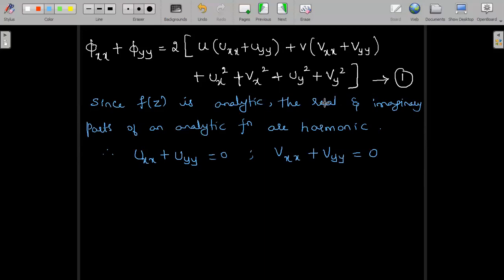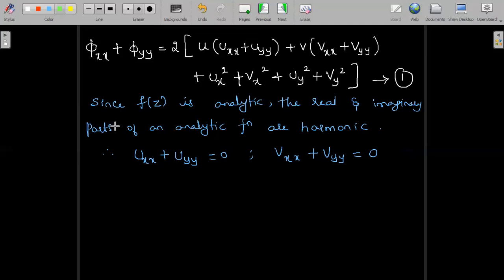Real part of the analytic function f of z is equal to u plus iv. The real part of that analytic function is u and the imaginary part of that analytic function is v. So real part and the imaginary part are both harmonic, means both real and the imaginary part satisfy the Laplace's equation in Cartesian form, which is uxx plus uyy is equal to 0 and vxx plus vyy is equal to 0.